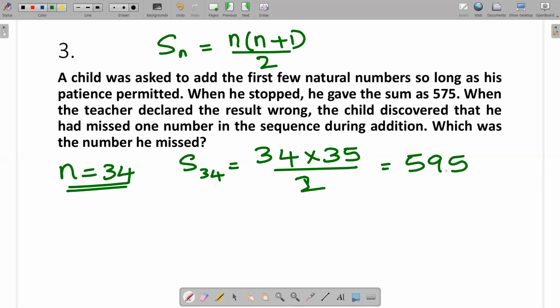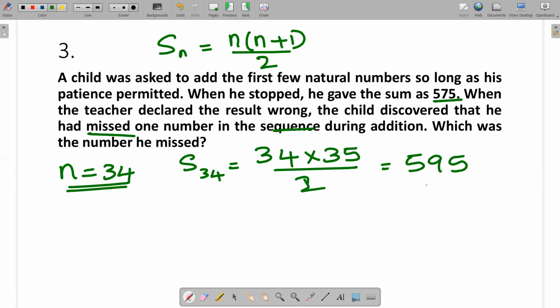So by a little bit of trial and error, had the child added all these numbers correctly, he would have got the total as 595. But he got the total here as 575 because he had missed one number in the sequence.